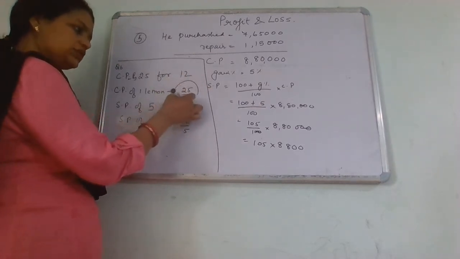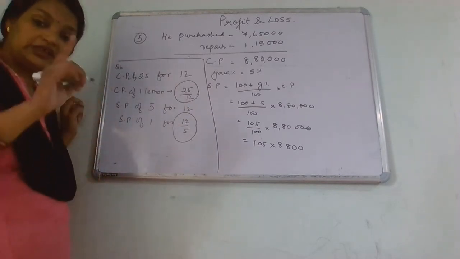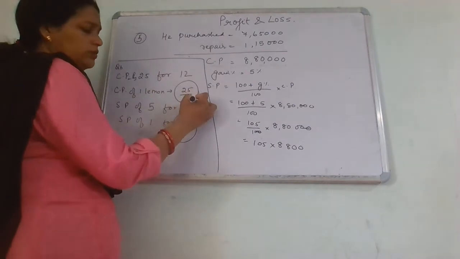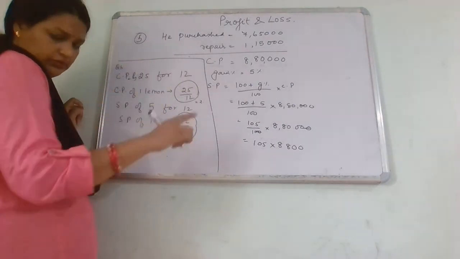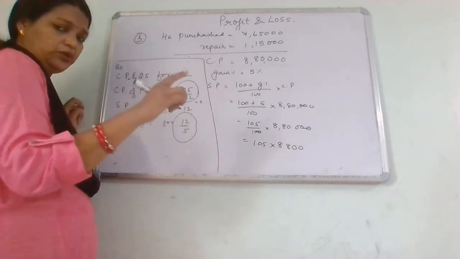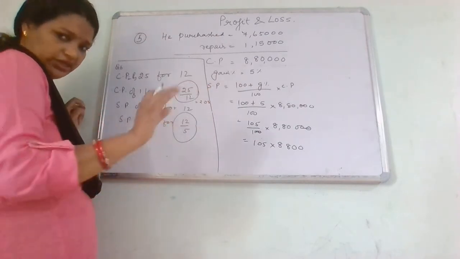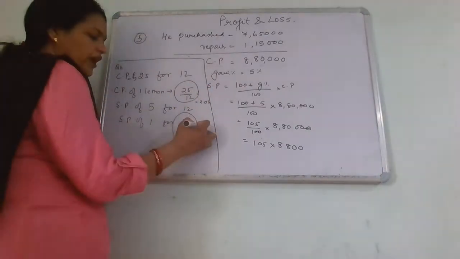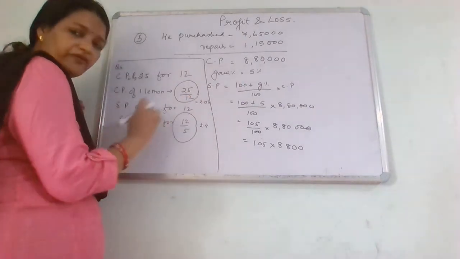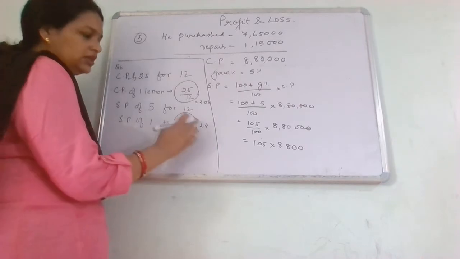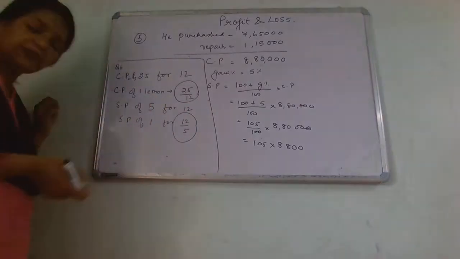This is the cost price of one lemon and this is the selling price of one lemon. 25 by 12 is almost 2.08, and 12 by 5 is 2.4. Which one is greater? Obviously 2.4 is greater. I will not find the exact value, just to have an idea which one is greater. So this must be SP.